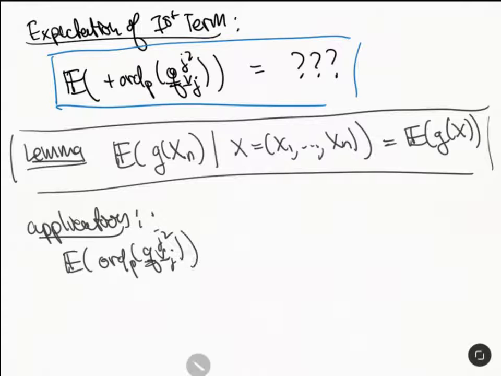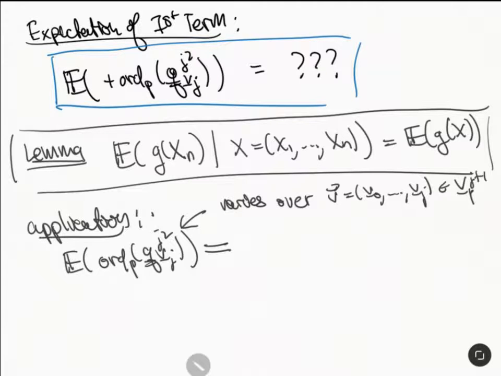So this thing is varying over v0 all the way up to vj in the places, the distinguished places of the field K, sitting above a fixed rational prime p. Okay, so this is what we have.